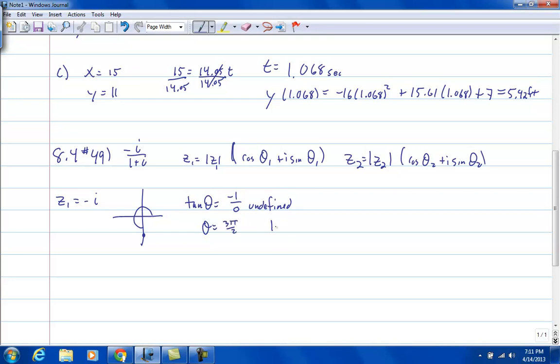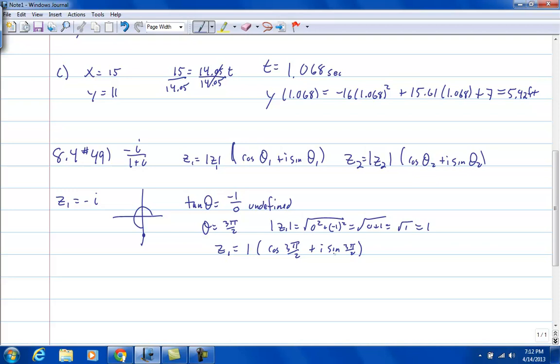As far as the magnitude of z1, that's just going to be the square root of 0 squared plus negative 1 squared, square root of 0 plus 1, square root of 1, which is 1. So our z1 would be written as 1 times the quantity cosine of 3 pi over 2 plus i sine of 3 pi over 2.